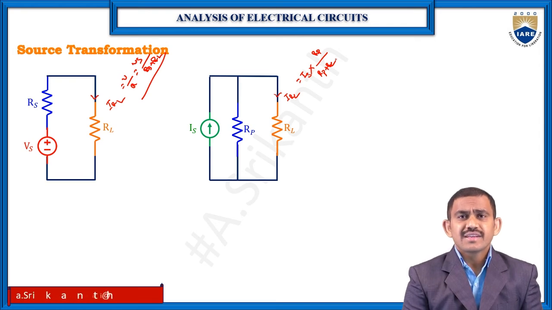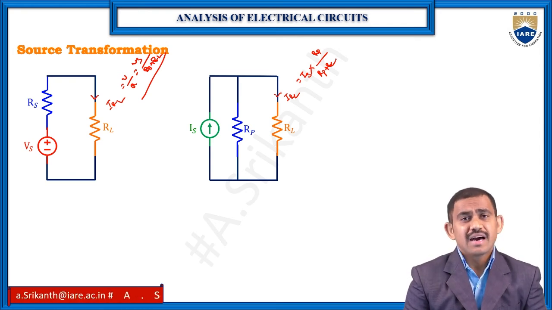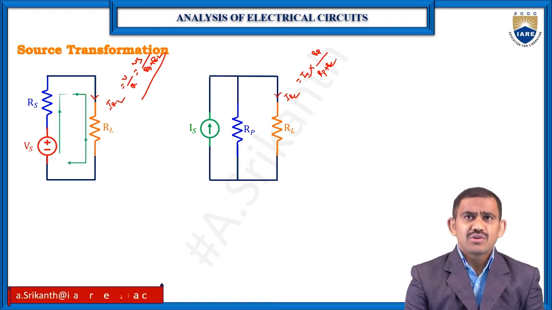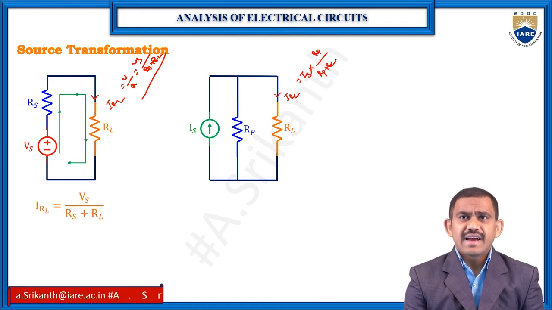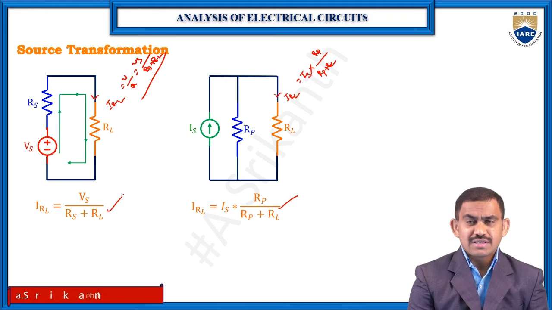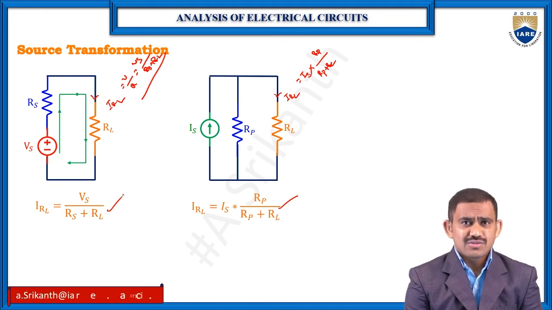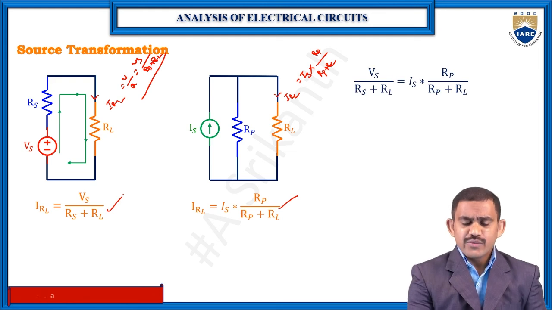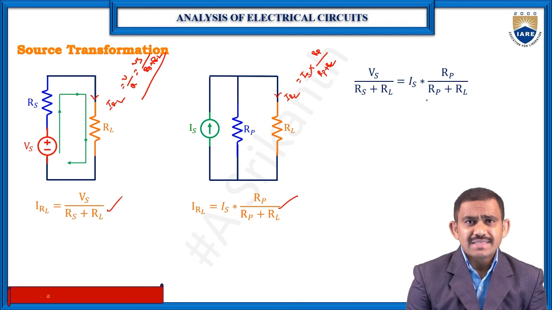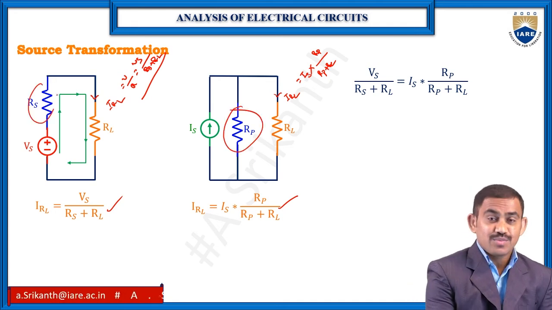Now compare both equations: the first from one loop, the second using the current division rule. Comparing both currents, Vs by Rs plus RL equals Is into Rp by Rp plus RL.